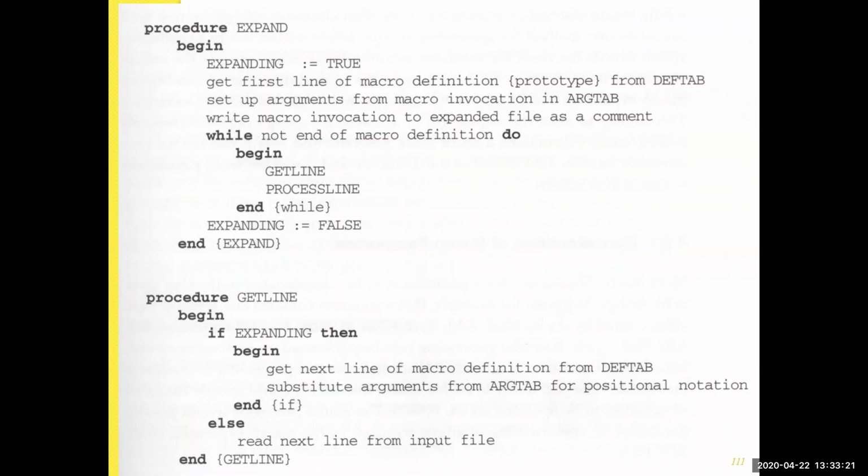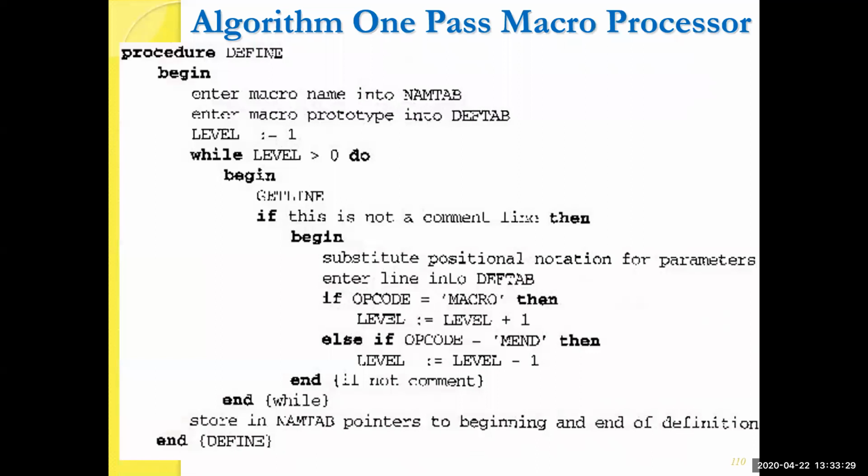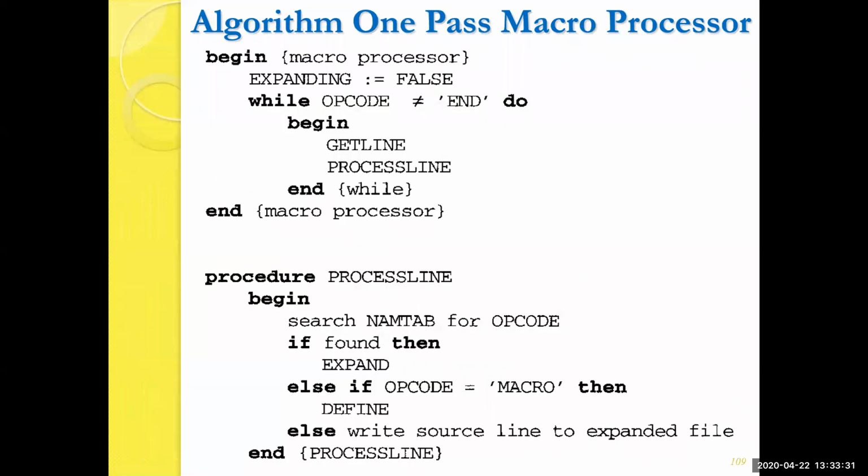So if it has a positional notation, it will be replaced with the arguments from the argument table. So the function of getLine procedure is to fetch the next line, which could be either from the source file or from the definition table when macro expansion takes place.